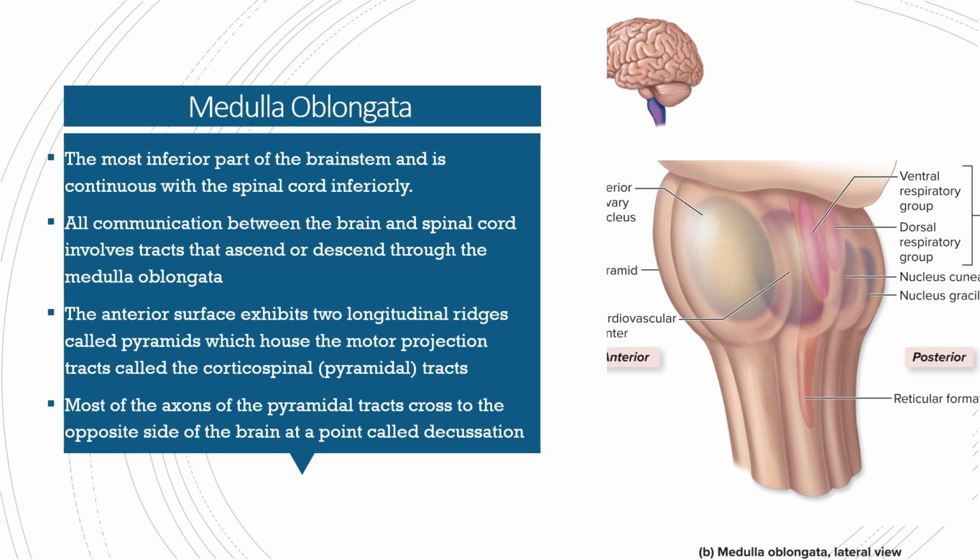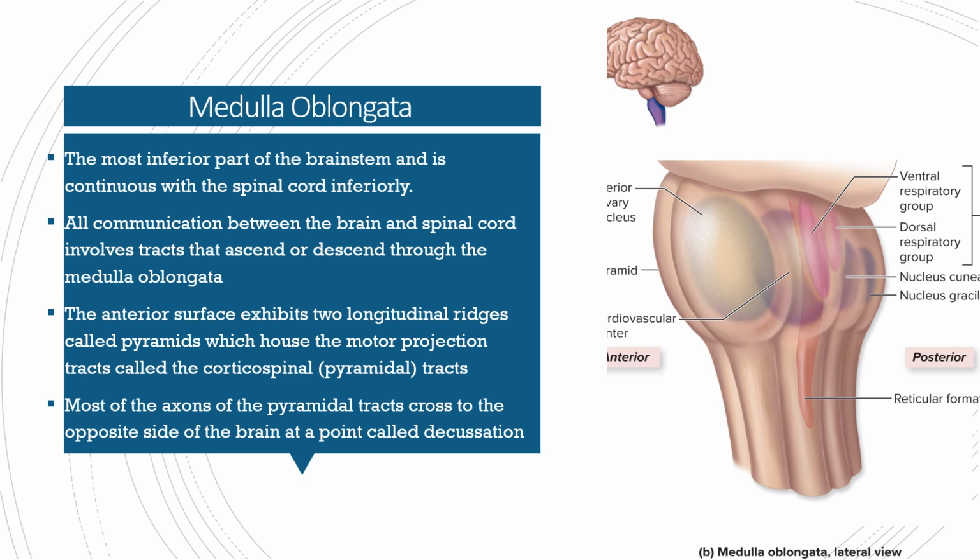The medulla oblongata is the lowest part of the brainstem, connected directly to the spinal cord. All communication between the brain and spinal cord passes through the medulla. Pyramids are the two ridges on the front side that carry motor signals through the corticospinal tracts, also known as pyramidal tracts. Decussation is the point where the motor signals cross over to the opposite side of the brain.